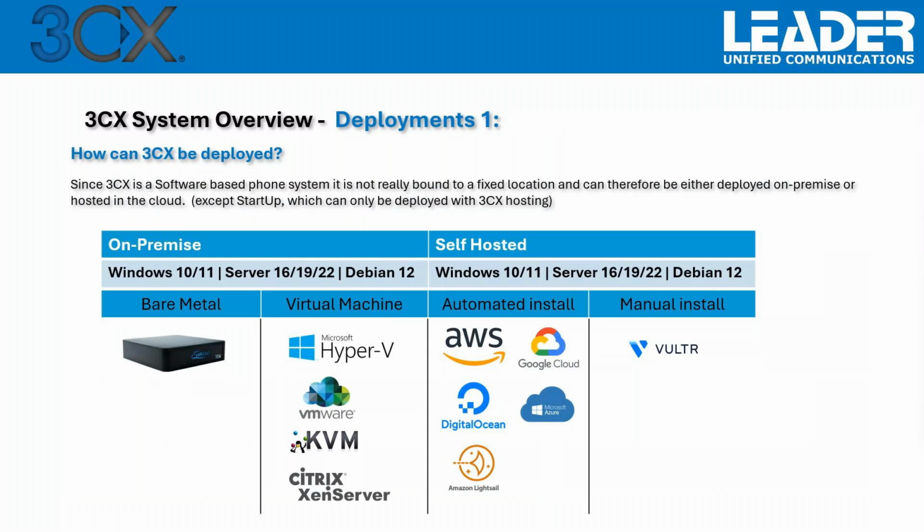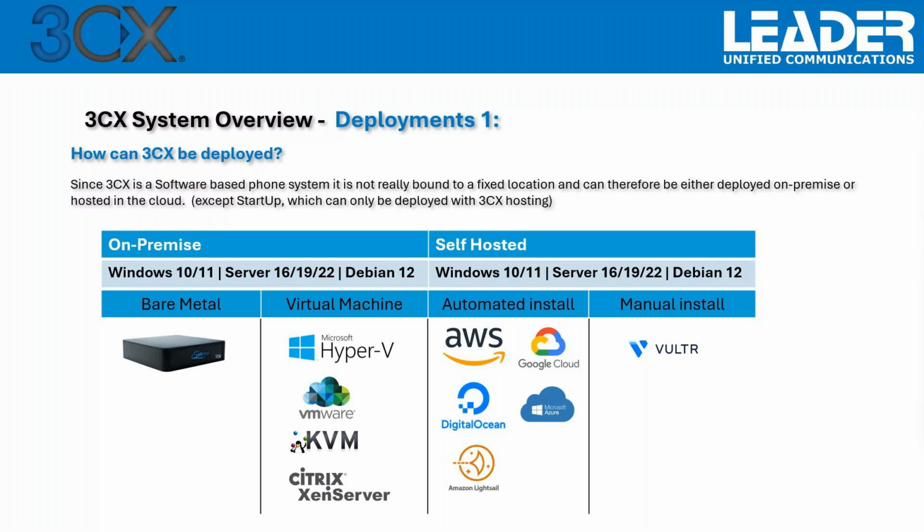Now, how can 3CX be deployed? Since 3CX is a software-based phone system, it is not really bound to a fixed location and can therefore be either deployed on-premise or hosted in the cloud. On-premise, we can have it running on a bare metal machine or on hypervisors using Microsoft Hyper-V, VMware, KVM, or Citrix XenServer.